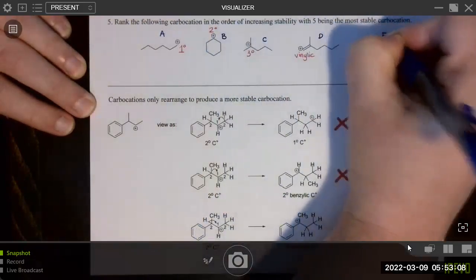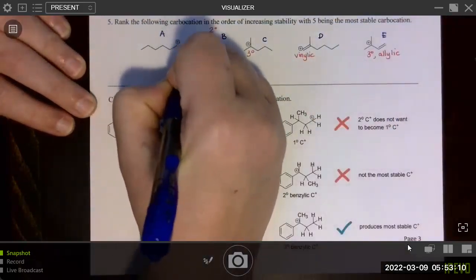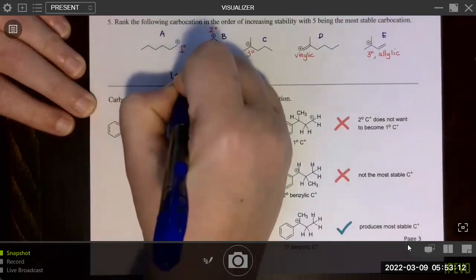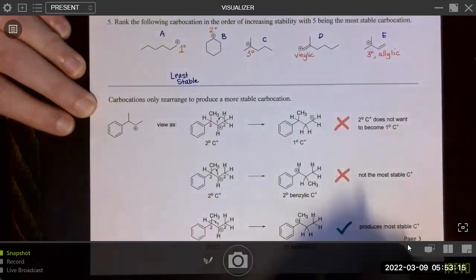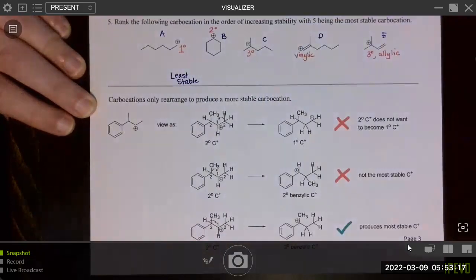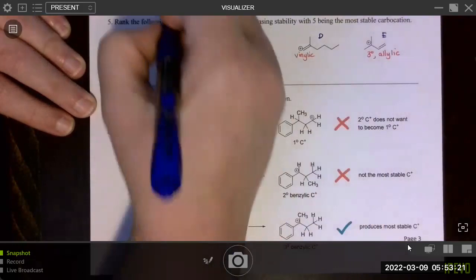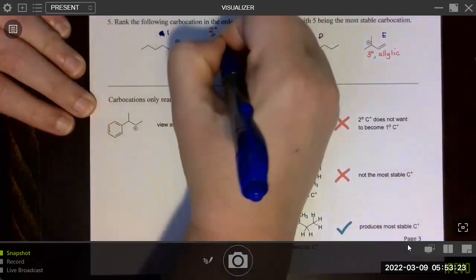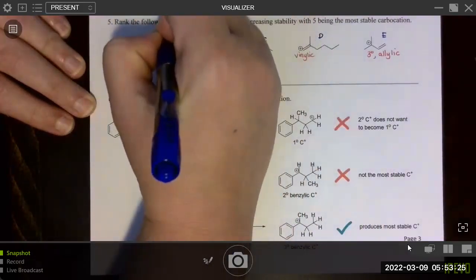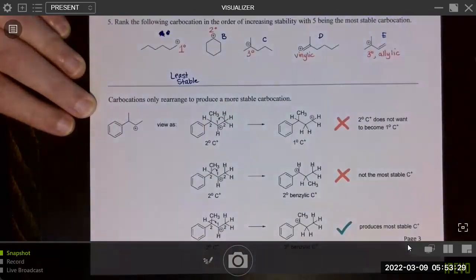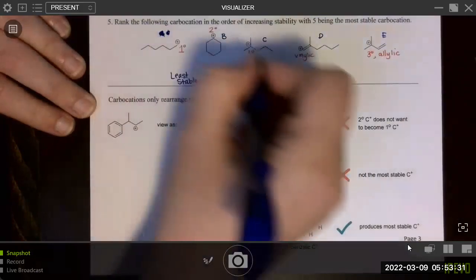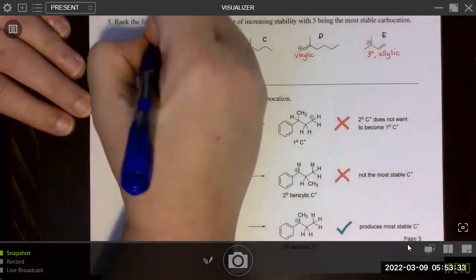Right, so if I label these, so with A, B, right, so we'll have from least stable. I guess I should have done it 1, 2, 3, 4, 5. Okay, so we'll just change that. It's a bit weird the way I've done my ranking, because I've sort of just labeled them like this.